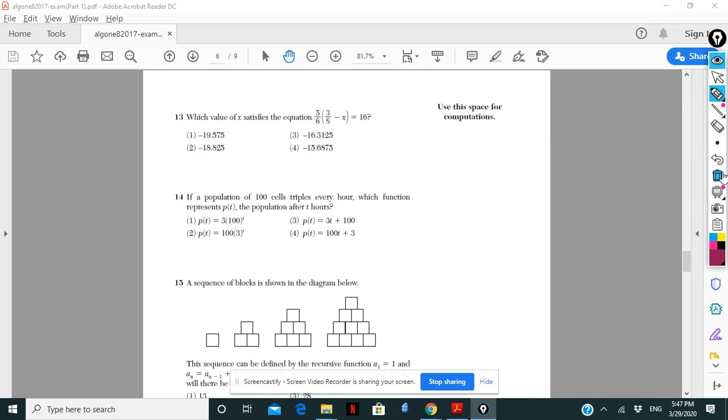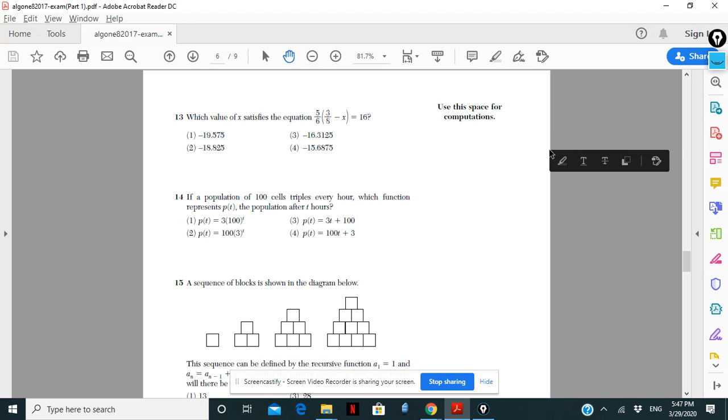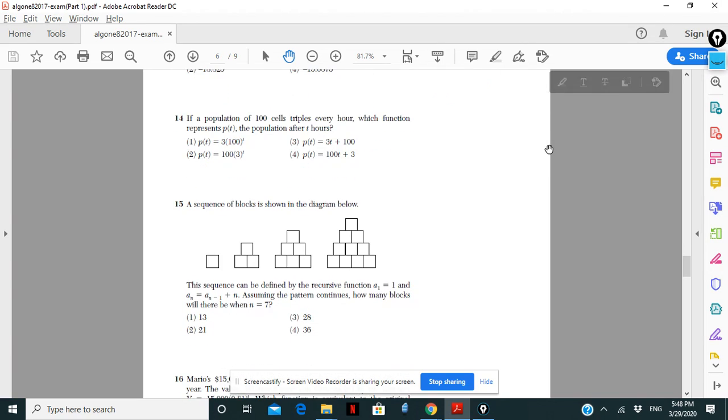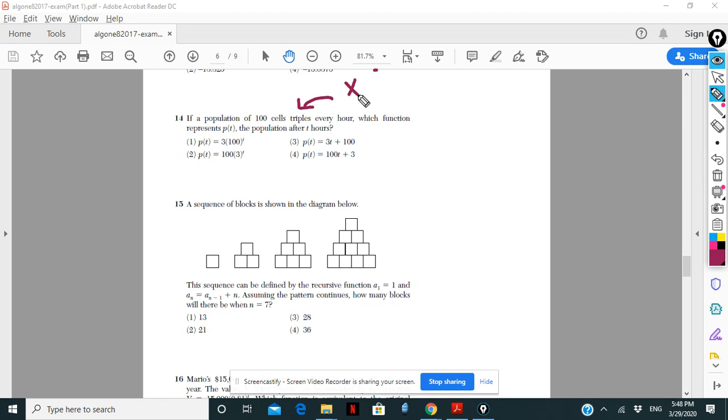Now, if a population cell triples every hour, so tripled means multiply by 3, and in that case it's going to be an exponential function.